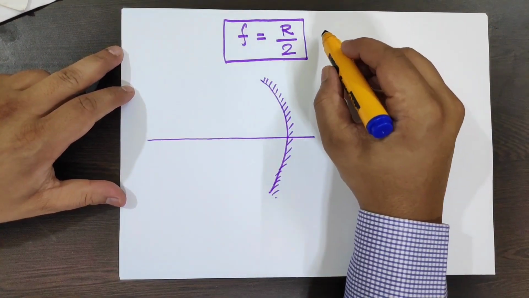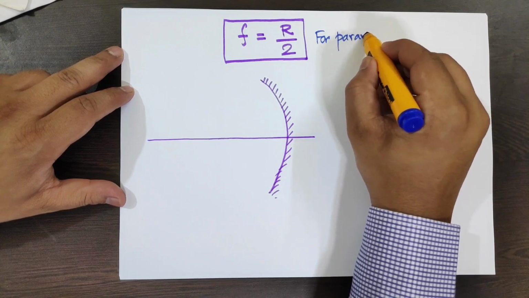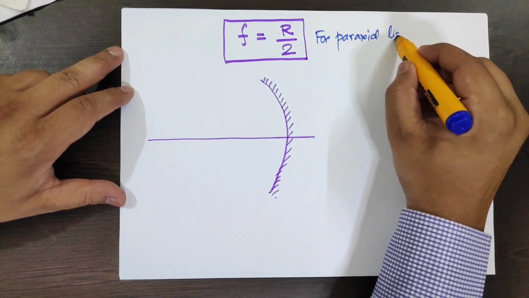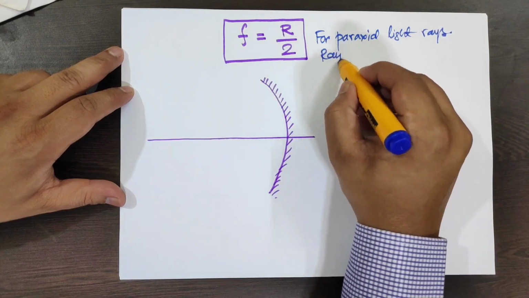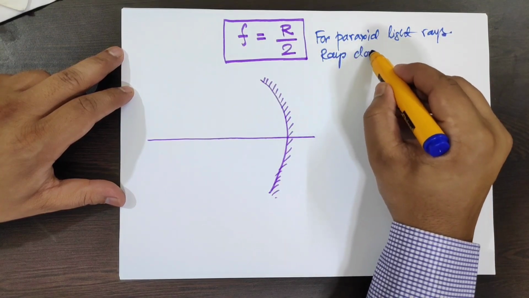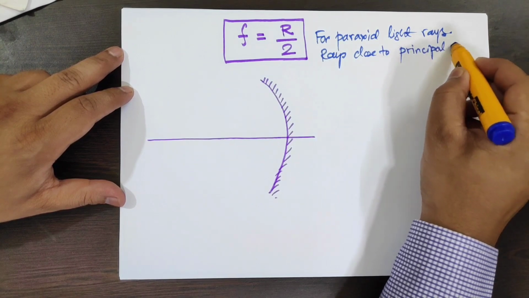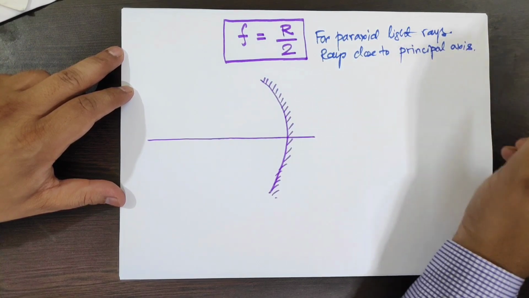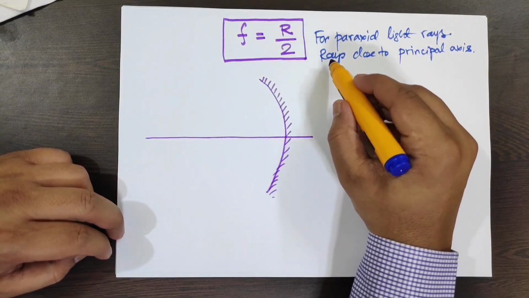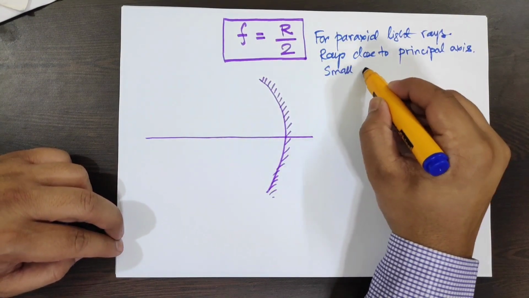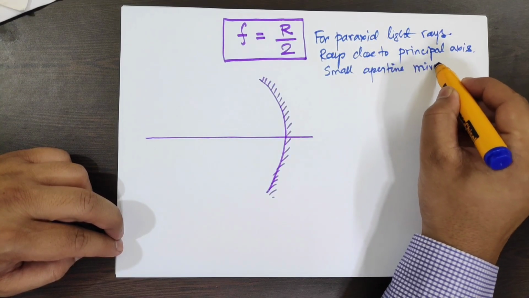So that means we can say for paraxial light rays, that is the rays close to principal axis, paraxial light rays, or you can say that small aperture size, small aperture mirrors.